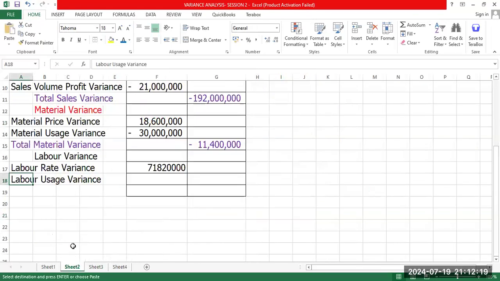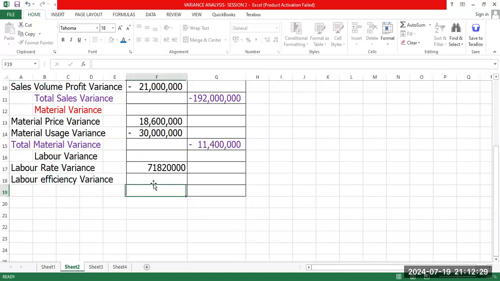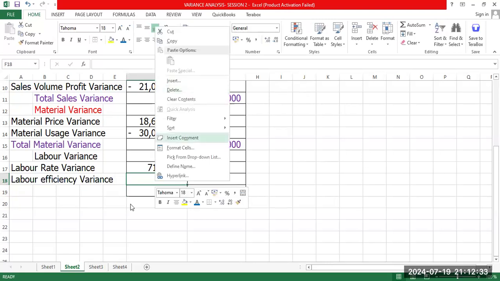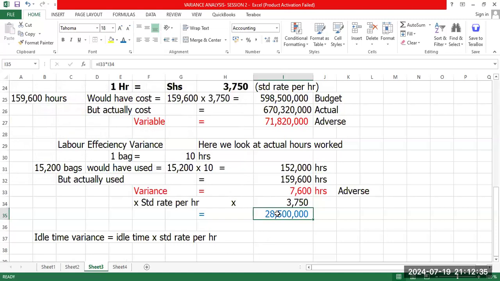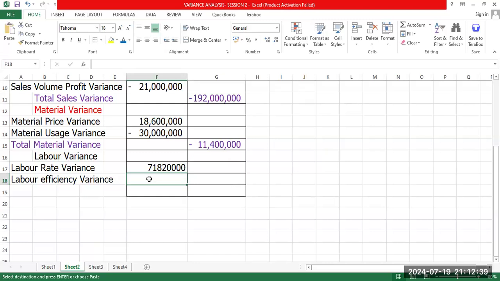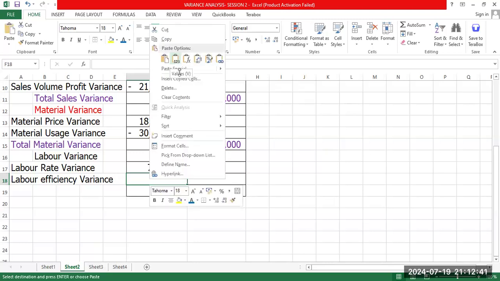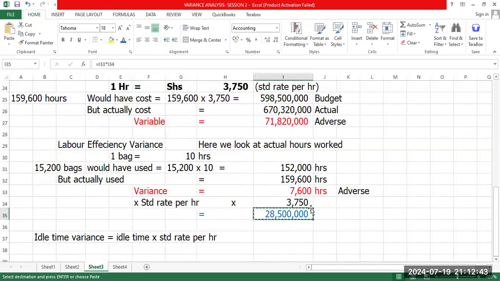I have said labor usage, it is labor efficiency. Labor efficiency variance is in this. Which one is adverse? All of them are adverse.